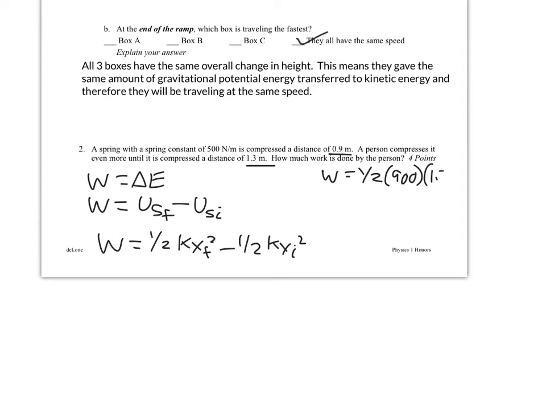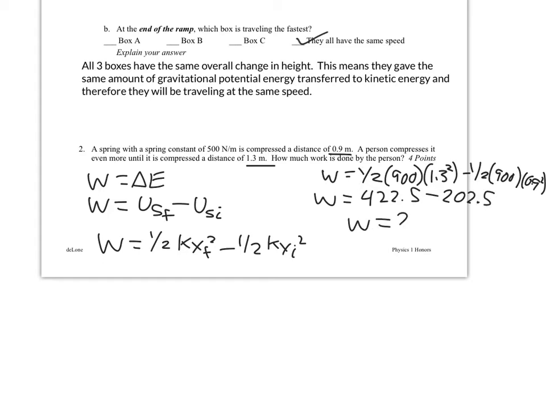That final compression distance is 1.3 squared. And then my initial compression distance is 0.9 squared. And so I end up getting that my work is 422.5, that's my final spring potential energy, minus 202.5, which is my initial. So the work done is just 220 joules.